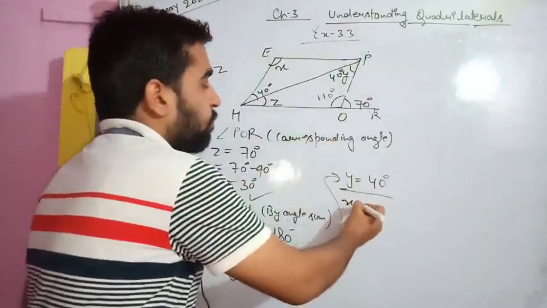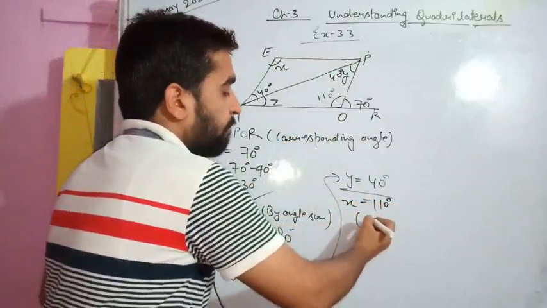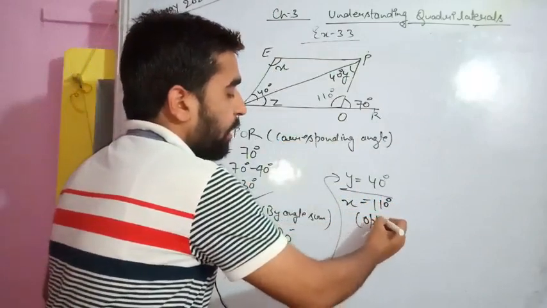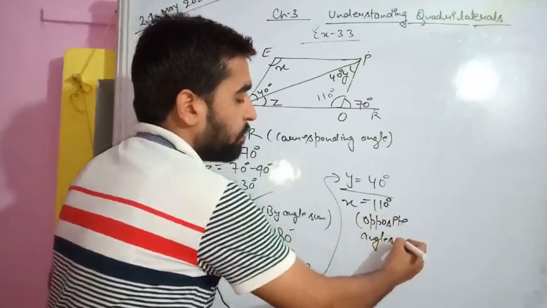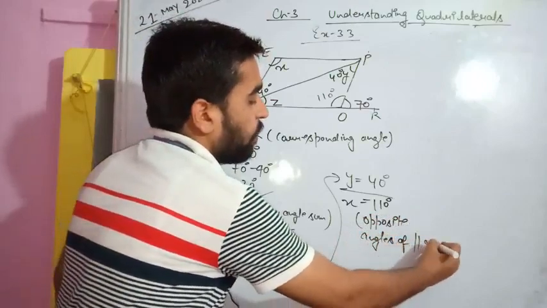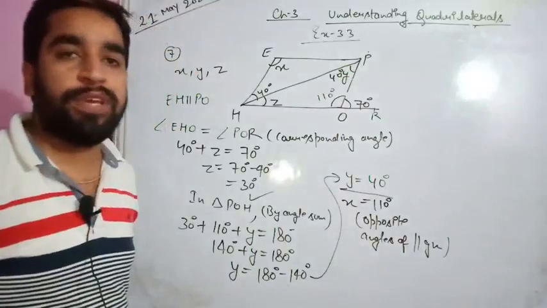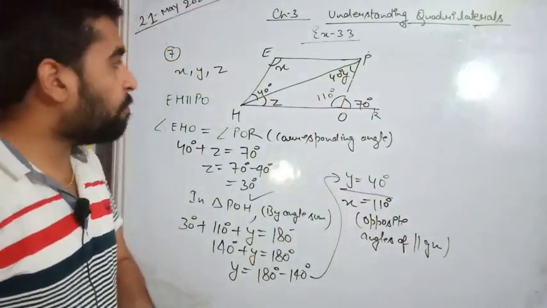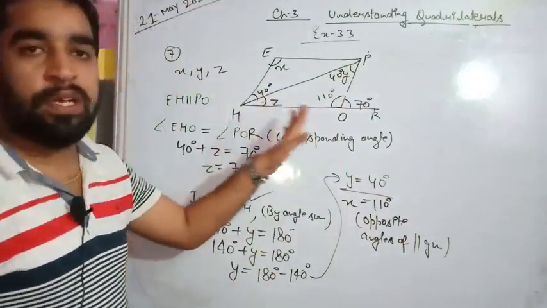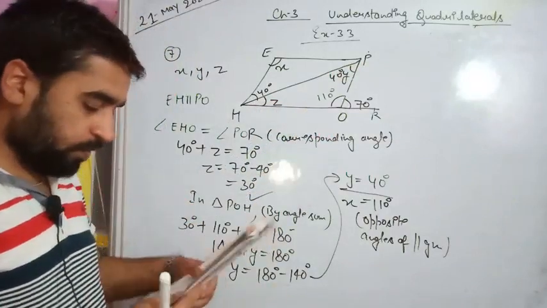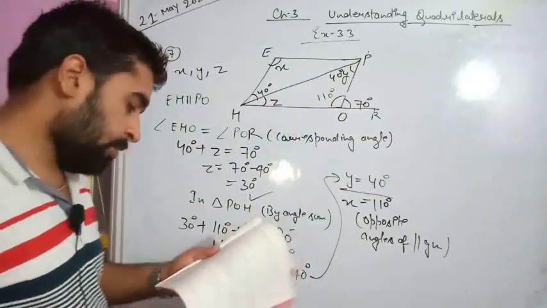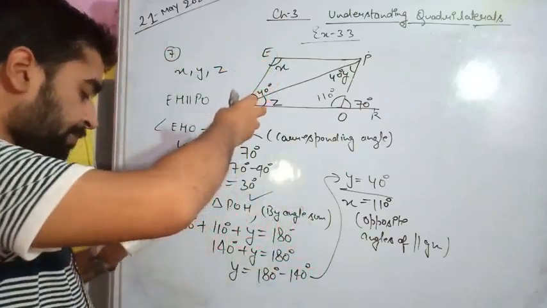So X is equal to 110, in brackets we will mention opposite angles of parallelogram. So this is how we can prove. I hope you understood the values, how we have calculated this X, Y and Z. So let us solve another question, students. Question number 7 is done.